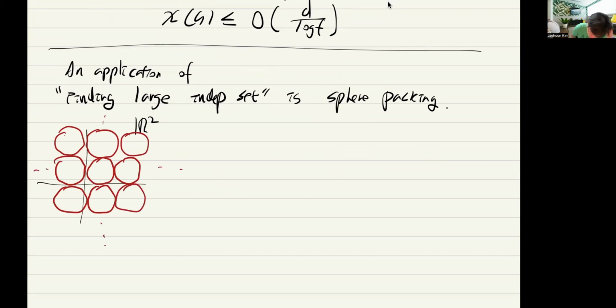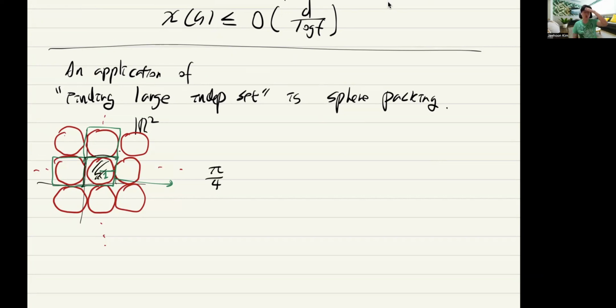Then you can consider the fraction of the plane that you have covered. This picture is repeating, so you can consider one unit disk. Let's say its radius is 1. Its area is pi, and the square cell has area 4.